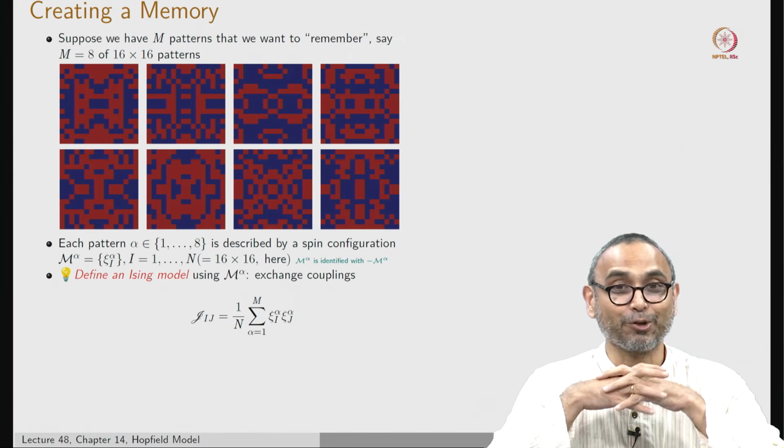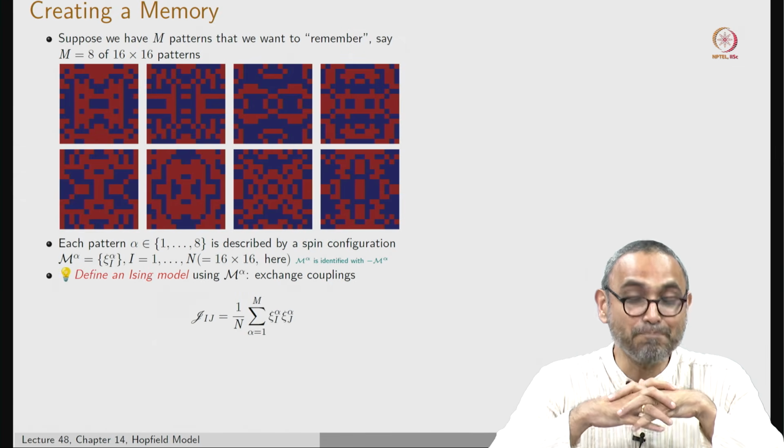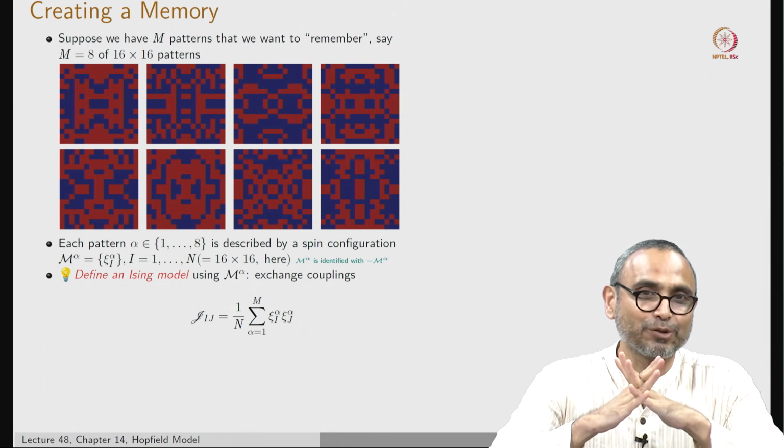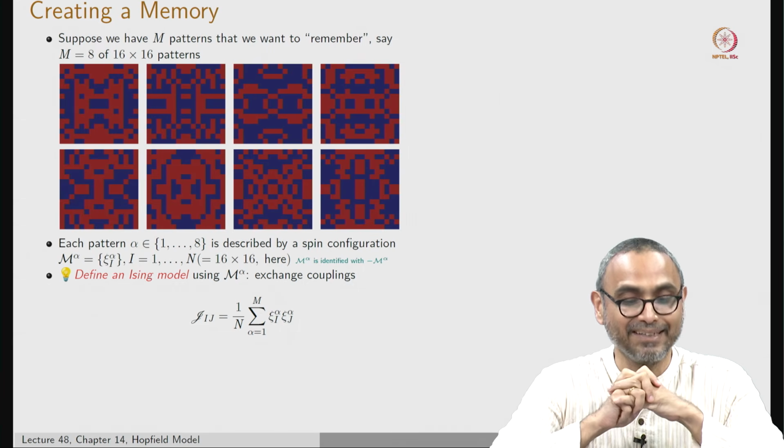Now what I am going to do is I am going to claim that memorizing these 8 patterns is equivalent to defining an Ising model in the following sense.